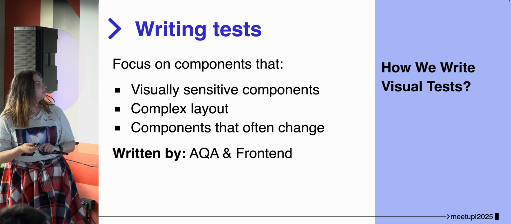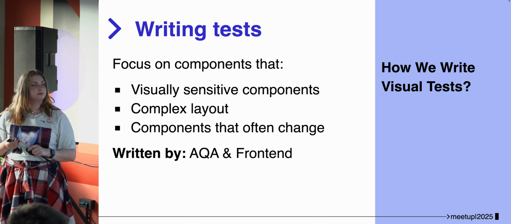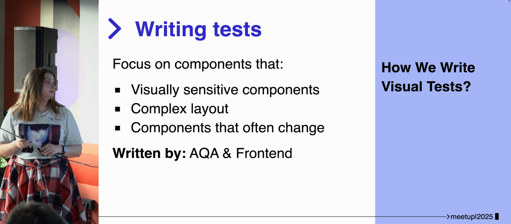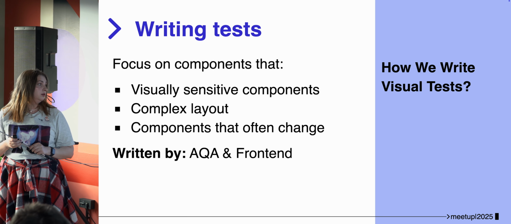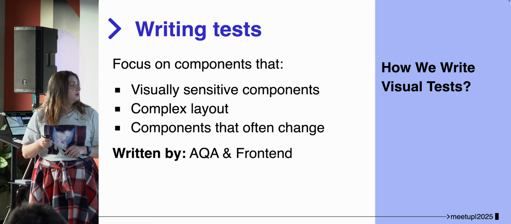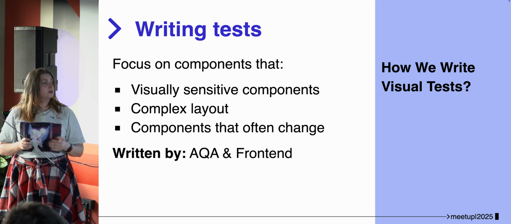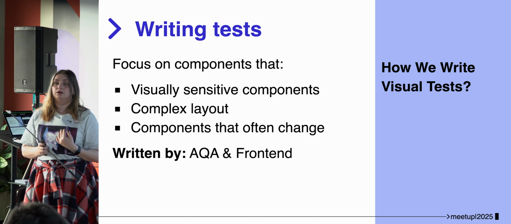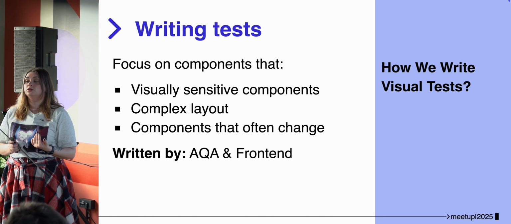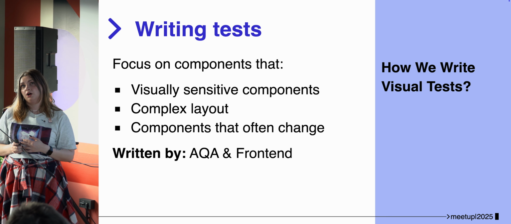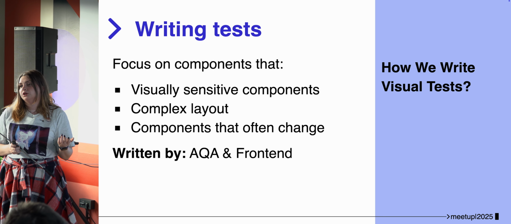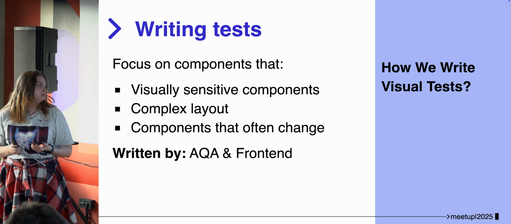Got it. So I want to suggest, in my opinion, writing tests more efficiently. For me, it is important to focus on components that are visually sensitive. For example, for us, it is the button, because we use it quite often, almost on each page, on important pages like login, billing page, and so on.